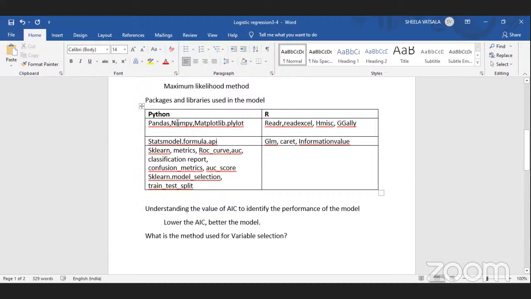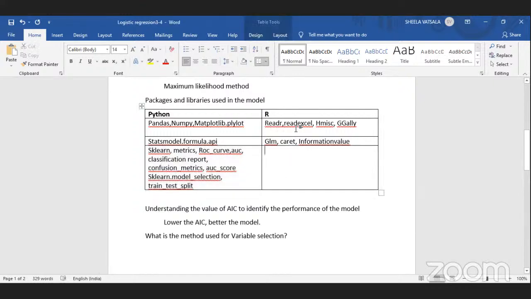In packages from Python and R, we have understood these are the possible ones: pandas, NumPy, all of which we discussed yesterday. We used the metrics for ROC, AUC. We know what the ROC curve and AUC curve are. Yesterday we discussed what we do with the confusion matrix, what parameters we consider while using it, and the sklearn package used for train and test split, right?